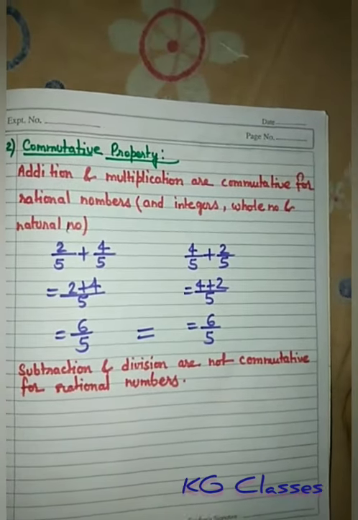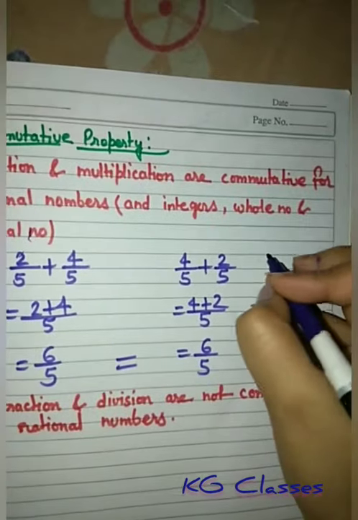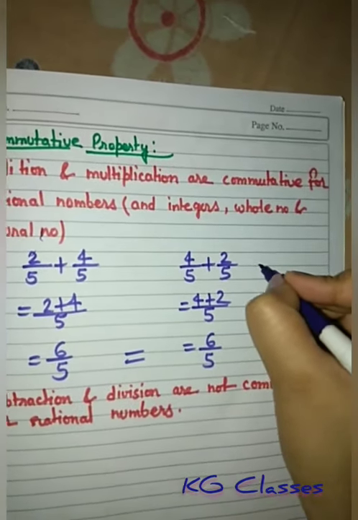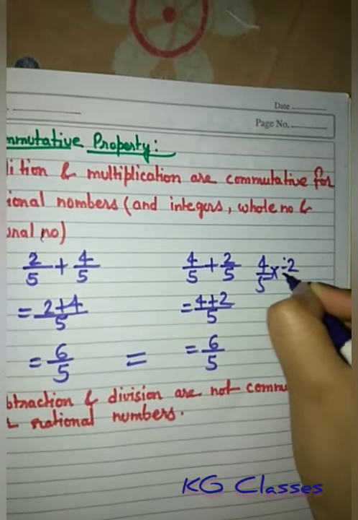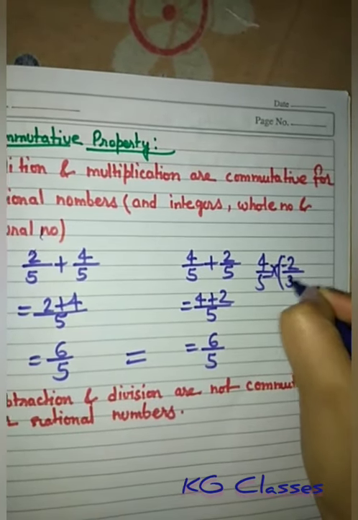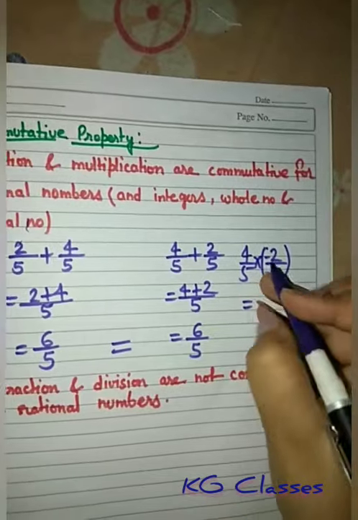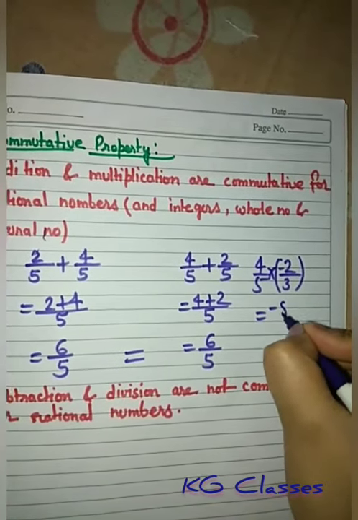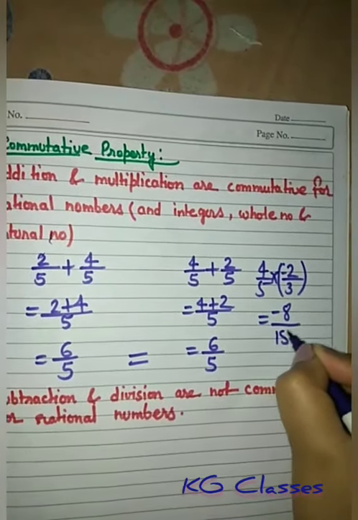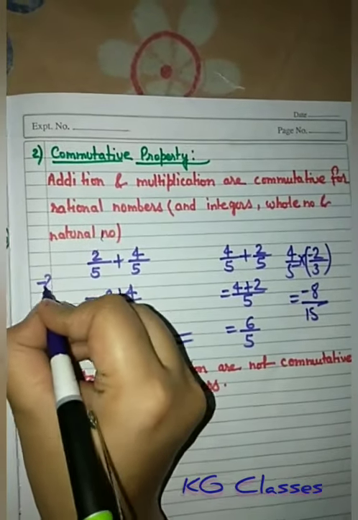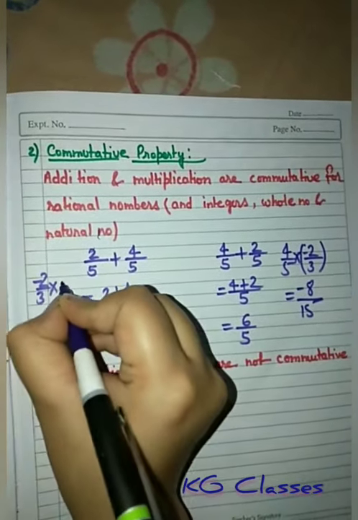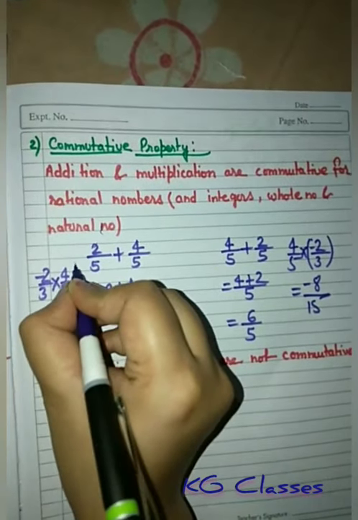Now let's see multiplication. If we have two numbers, 4/5 and minus 2/3, let's multiply them. 4 2s are 8, minus 8, 5 3s are 15. If we change their order, then what will we get? Minus 2/3 into 4/5.